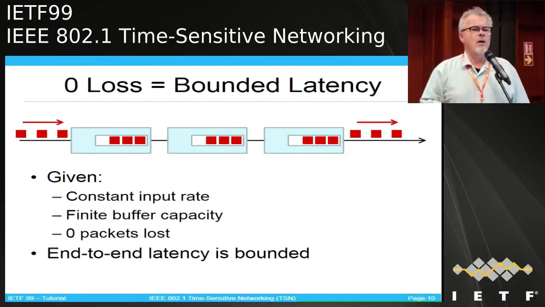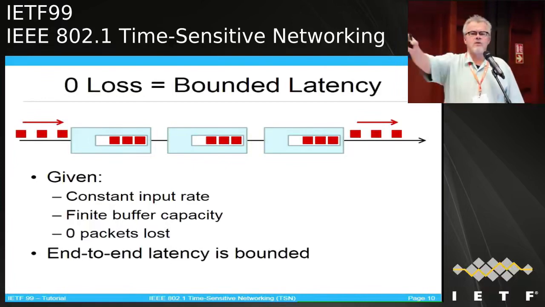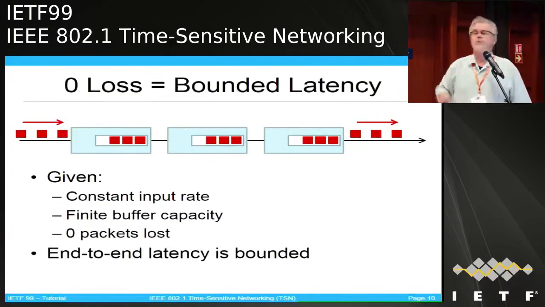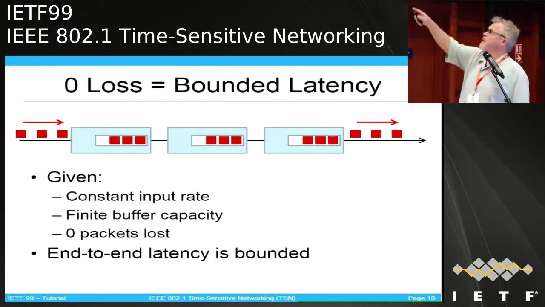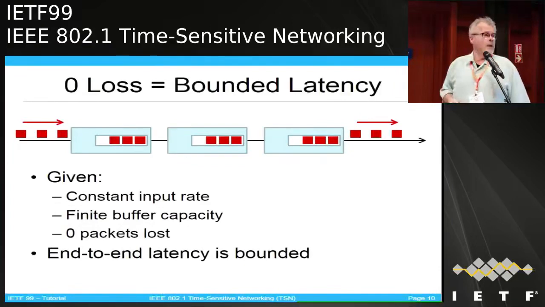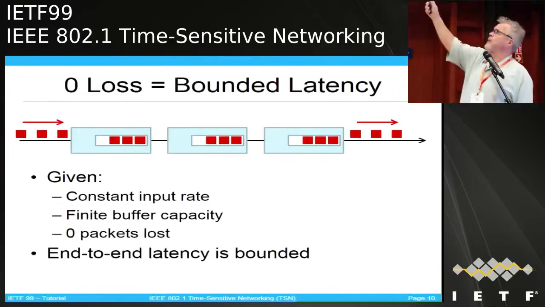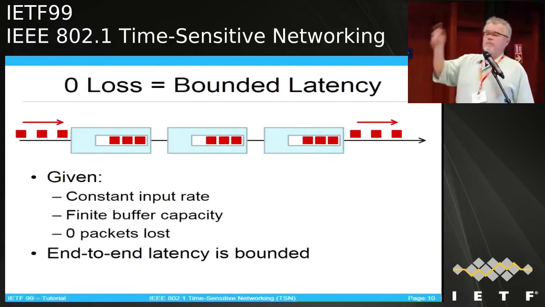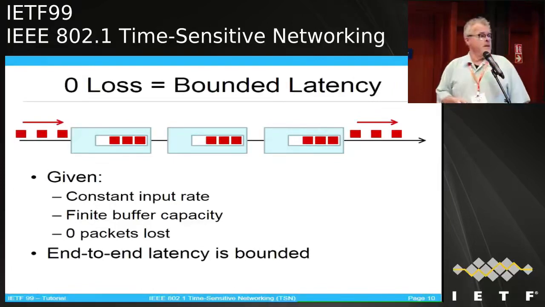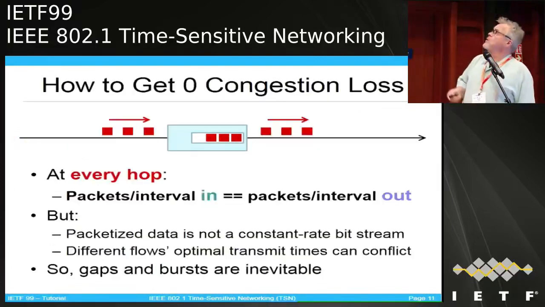And it has to last long enough that it's worth your effort to make a reservation for resources before you start using it. So assuming you've satisfied that, given that you have a constant input rate, you want a constant output rate, otherwise you're filling up or you're draining. So in the long term, the output has to equal the input. We find that then the latency is necessarily bounded if you're not throwing anything away.